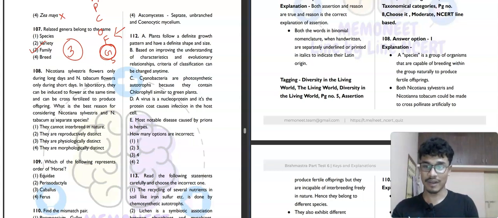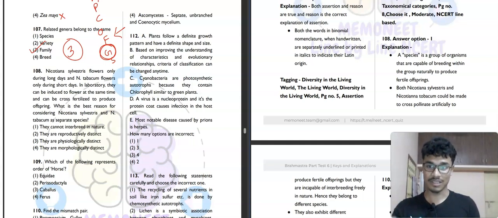They cannot interbreed in nature. They are reproductively distinct. They are physiologically distinct. They are morphologically distinct. So, what is the main criterion to separate species? That they can't interbreed in nature. If two organisms can interbreed with each other, that means they belong to the same species. If they can't interbreed in nature, that means they don't belong to the same species. So here these are separate species.